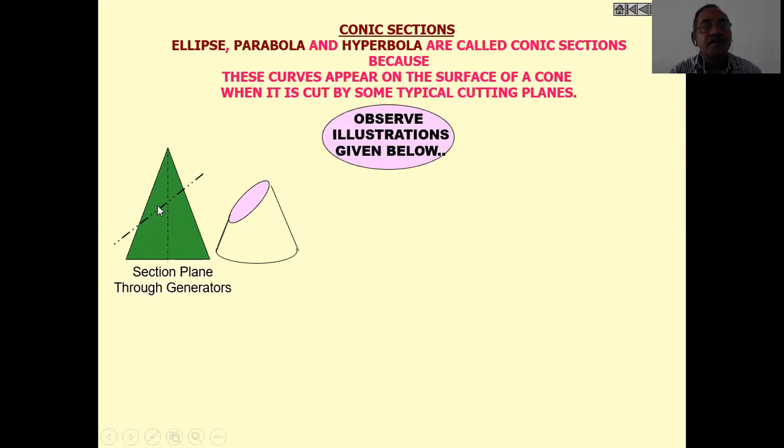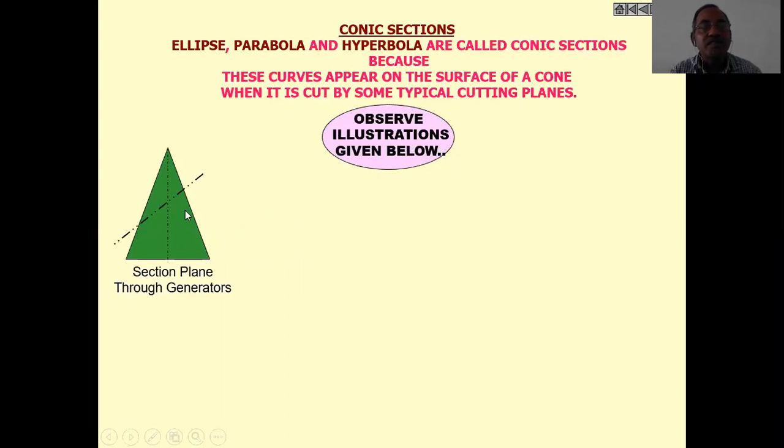We have fixed the orientation of the section plane in such a manner that alpha is greater than theta, but alpha is not equal to 90 degrees. 90 degrees would mean it is like this, since alpha is the angle between the axis and the section plane.